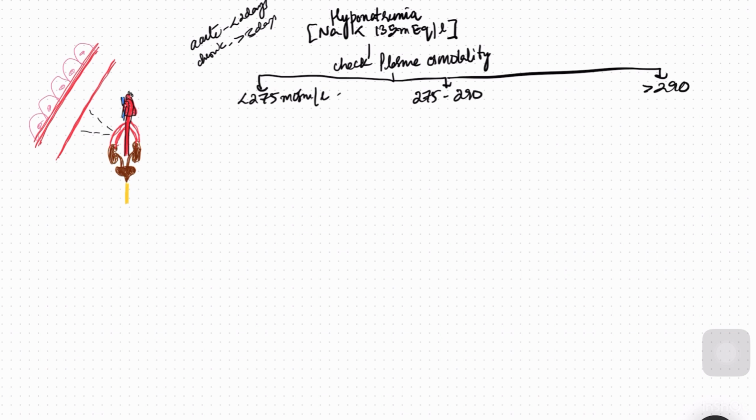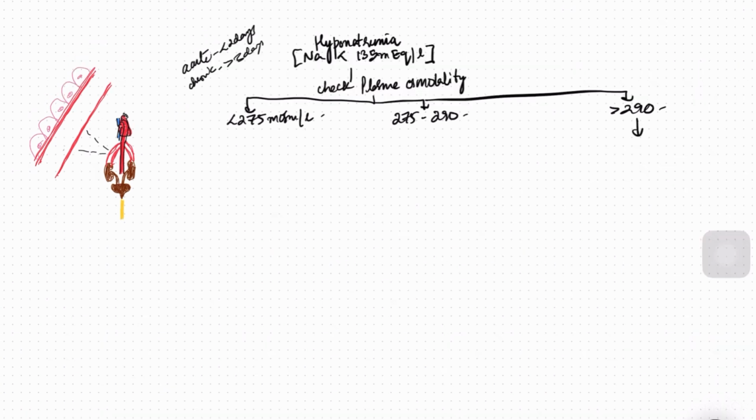These values differ minutely based on different textbooks, but for now I'm going to use these values, and you can look at whatever reference you're using and go based on that. Normally, you would think that if sodium decreased, that is, the solute content decreased, your plasma osmolarity should also decrease, right? That would be our normal thinking.